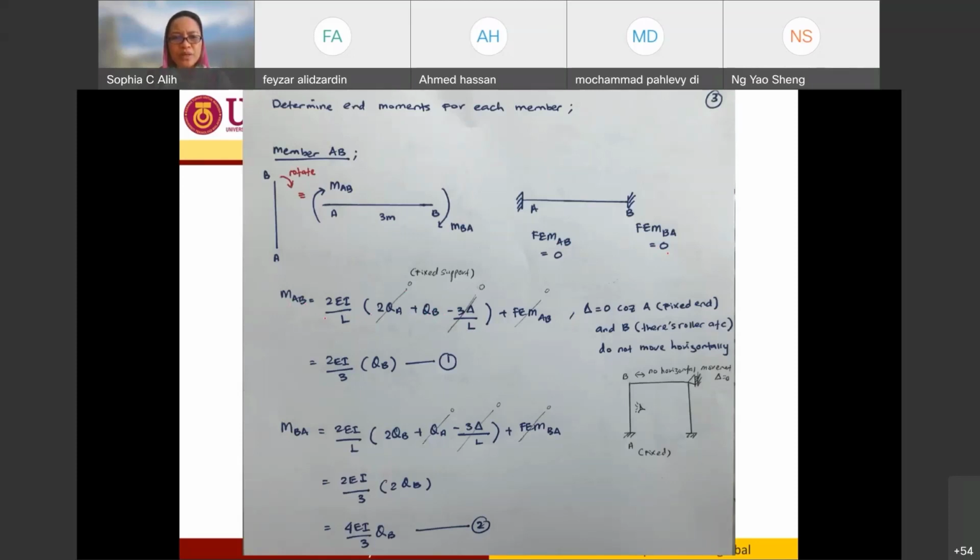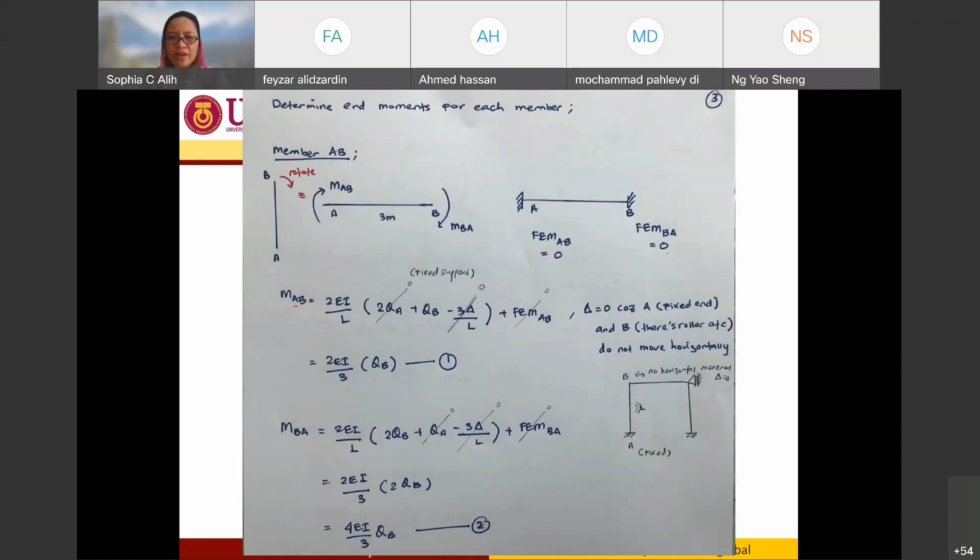So for MAB, it's going to be 2EI over L. Since it is A over here, you will have 2 theta A plus theta B minus 3 delta over L plus FEMAB.